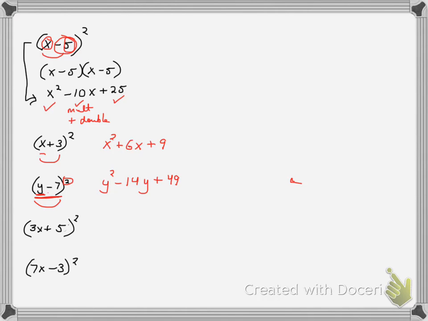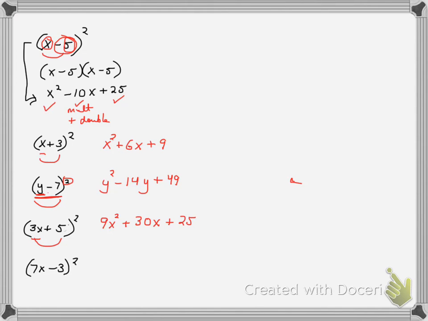Let's do the next one. Square the first term, 3 times 3 is 9, x times x is x squared. For the middle term, multiply together, 3 times 5 is 15, so 15x doubled, or times 2, is 30x. And positive 5 times positive 5 would be positive 25.